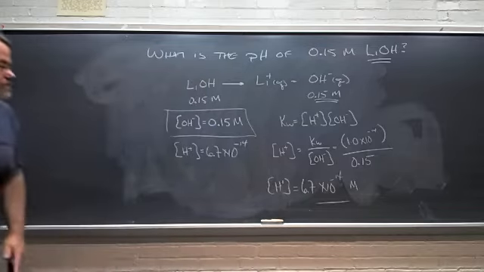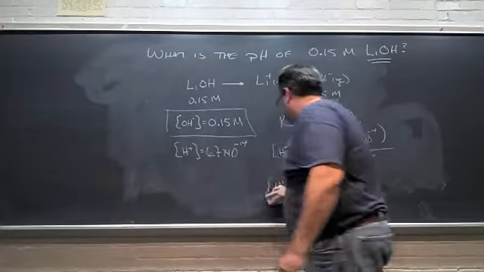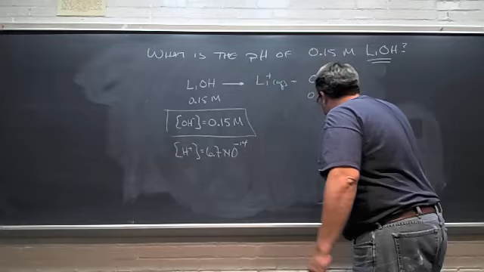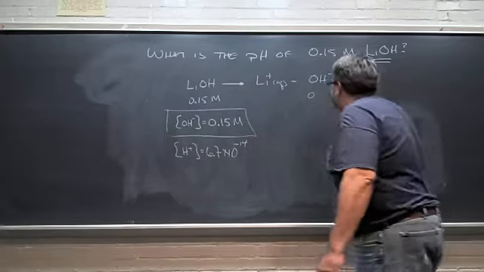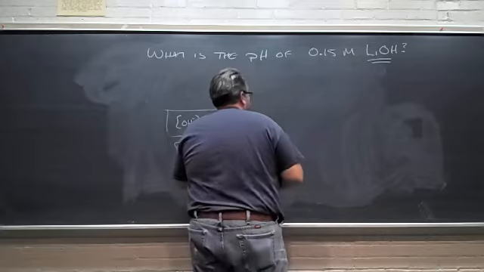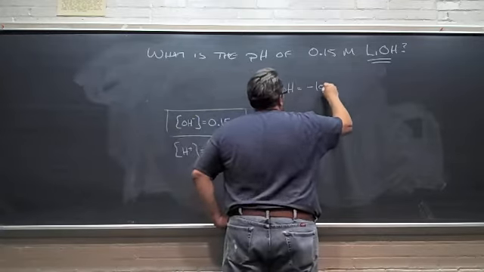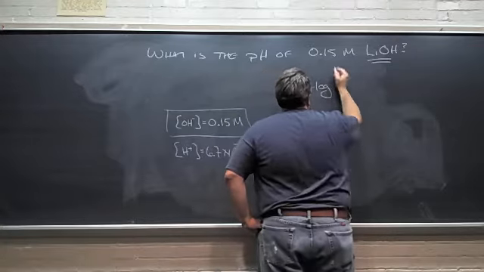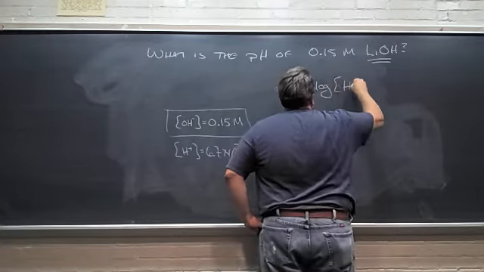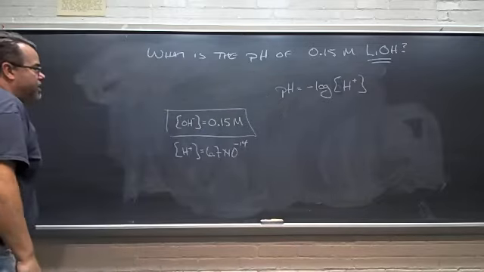So now we can get the pH since we've got the hydrogen ion concentration. pH is negative log of the hydrogen ion concentration.